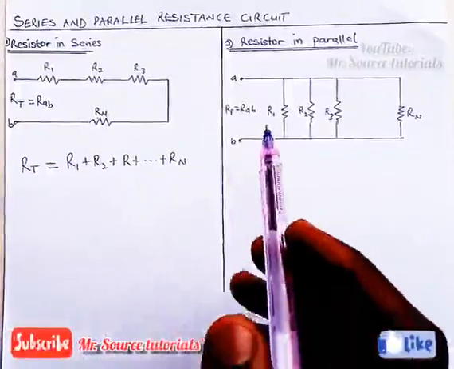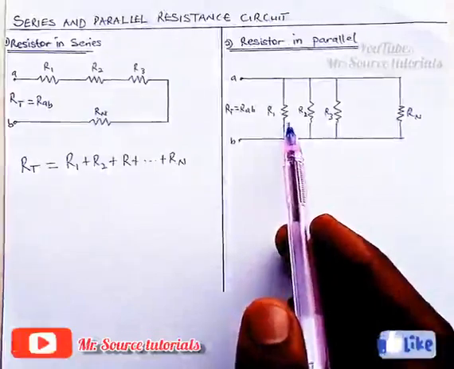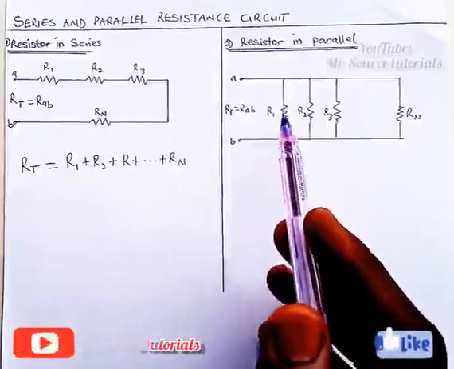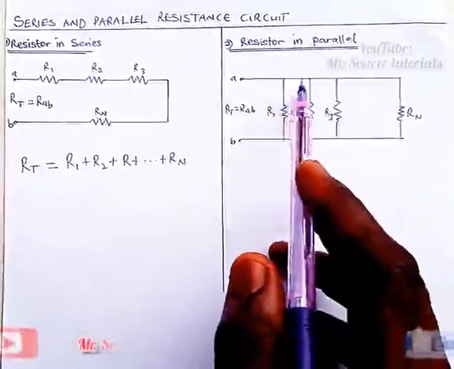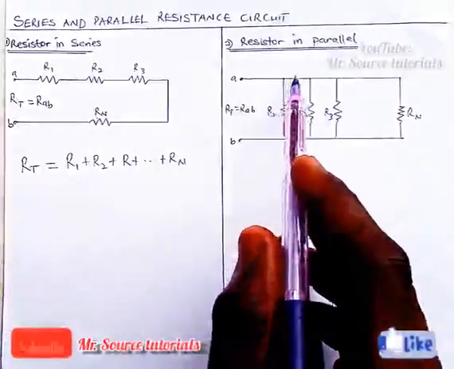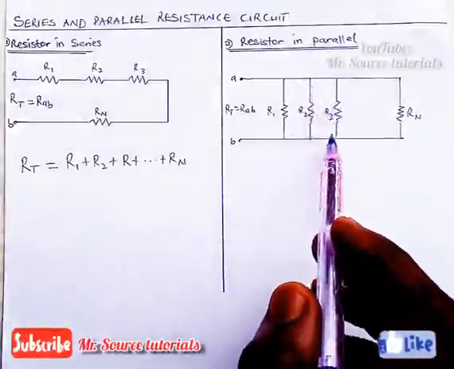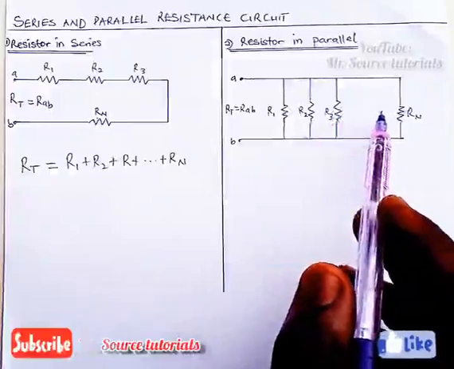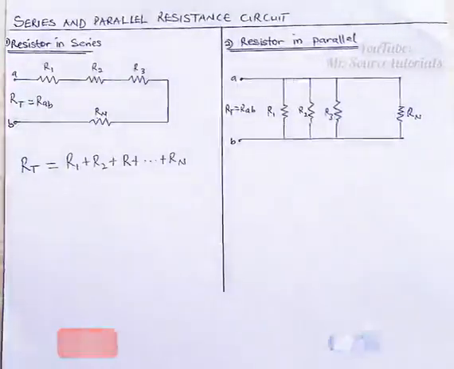Now let's move into parallel connection. As you can see, in parallel connection, these resistors are connected head to head. You can continue with any number of resistors.